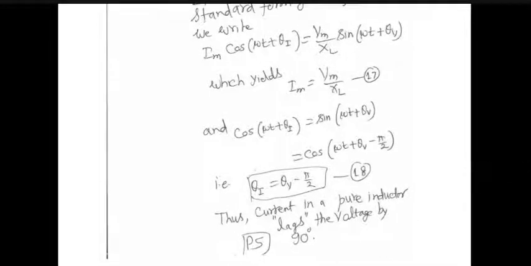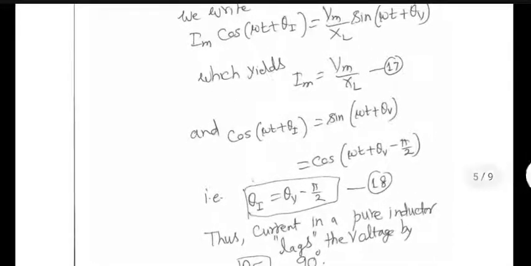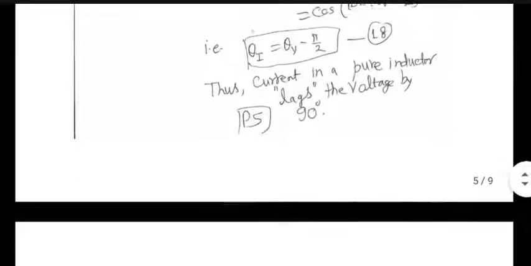The applied voltage has a phase angle of theta v. You subtract 90 degrees from that to get the phase angle for the current in the load. This is called a lagging load because current is lagging the voltage by 90 degrees. Lot of motors fit this example.